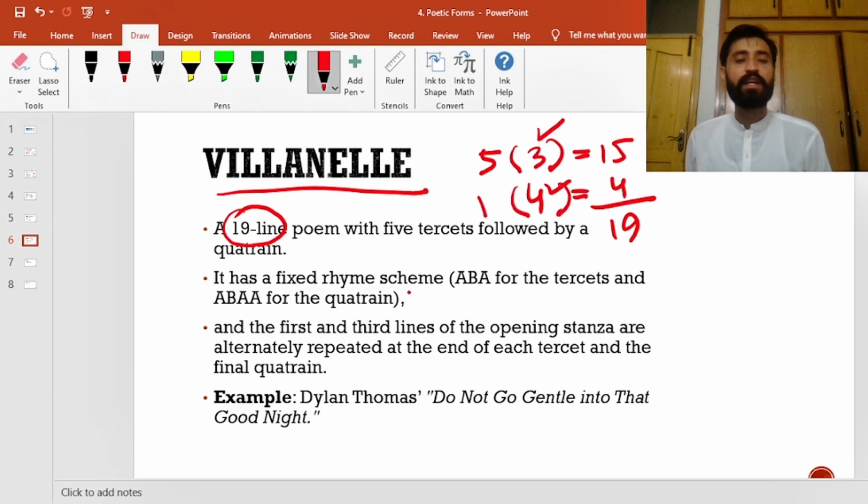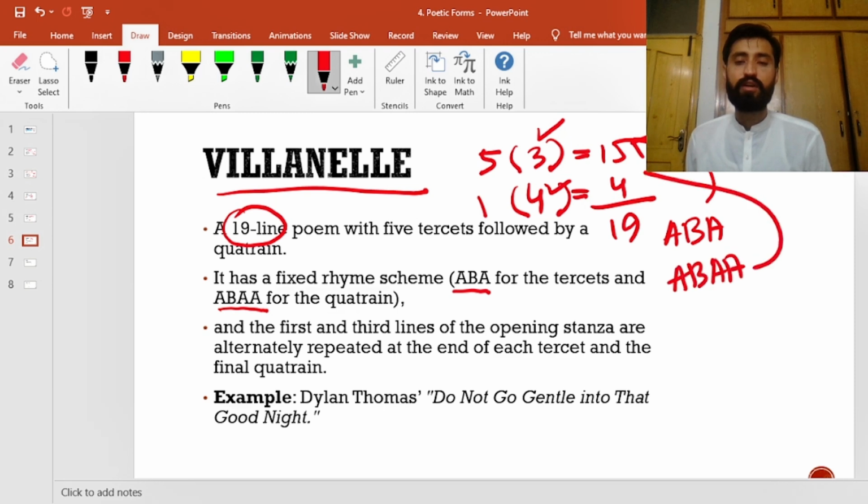It has a fixed rhyme scheme: ABA for the tercets and ABAA for the quatrain, right? And the first and third lines of the opening stanza are alternately repeated at the end of each tercet and the final quatrain.